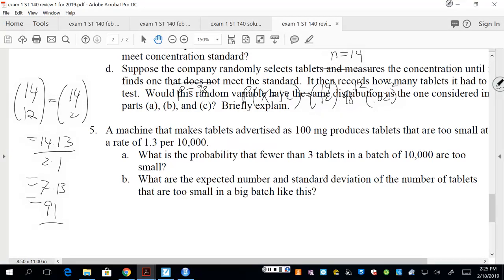So to clarify, when the question asks exactly a certain number, is that still Poisson or is it something else? It can be Poisson, right? So if it asks, what's the probability of 3 tablets, then you can just go.